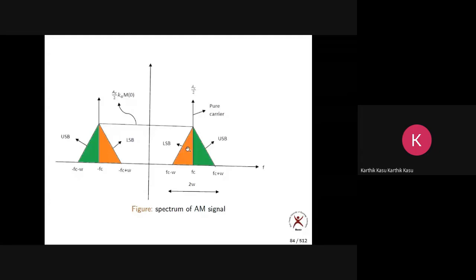So it is not the unique spectrum for all AM signals. It depends upon the spectrum of your message signal. Suppose I take a rectangle here, and here also a rectangle. I can take any shape of the spectrum. So don't think that the spectrum will always be a triangle. No, it can be any shape.